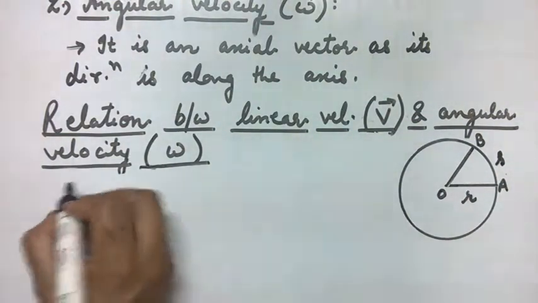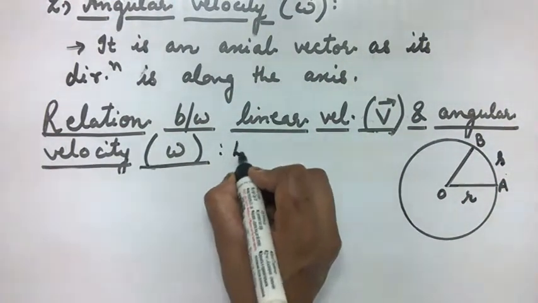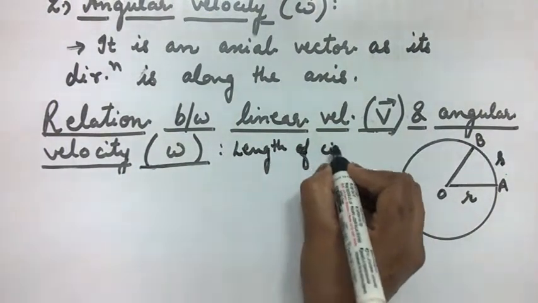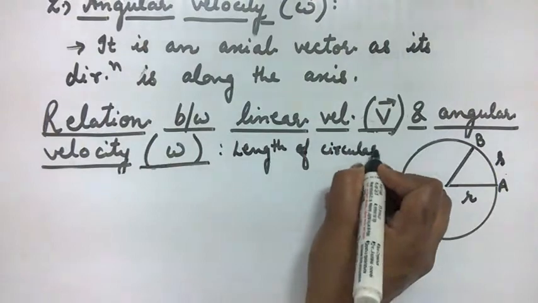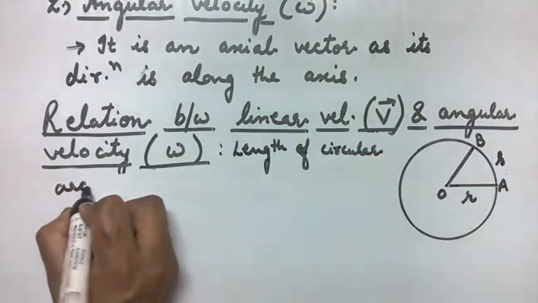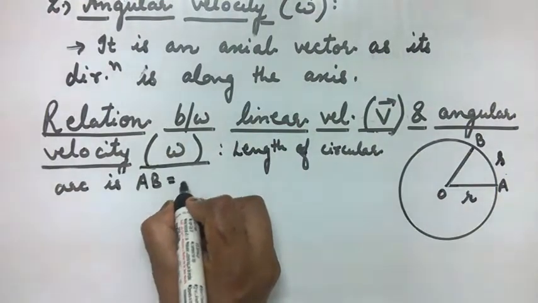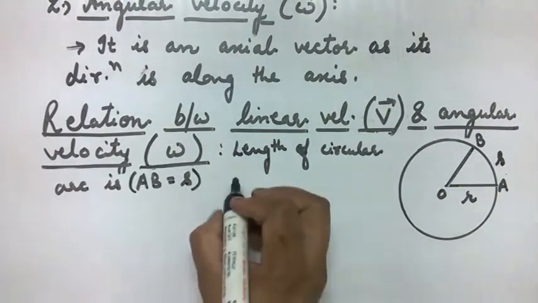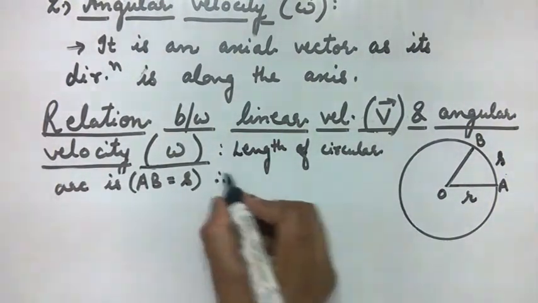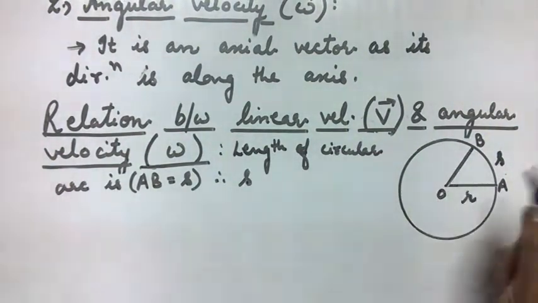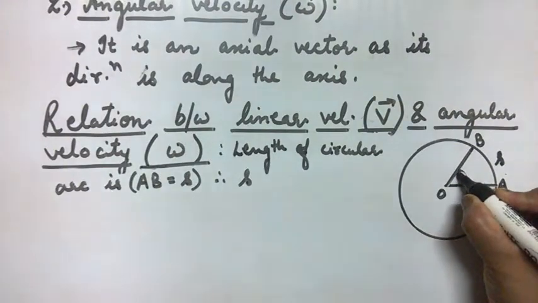Therefore, as the length of the circular arc AB is equal to small s, the length is equal to angle into radius.